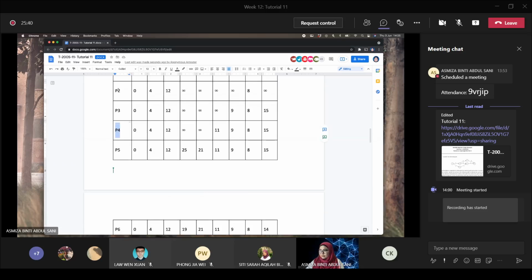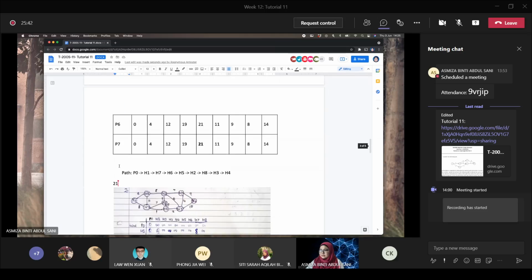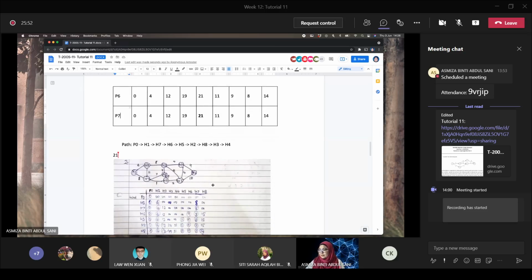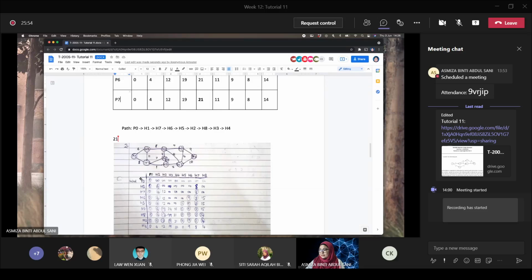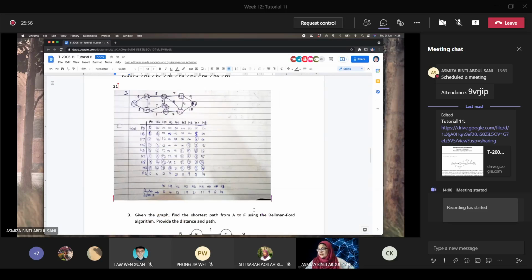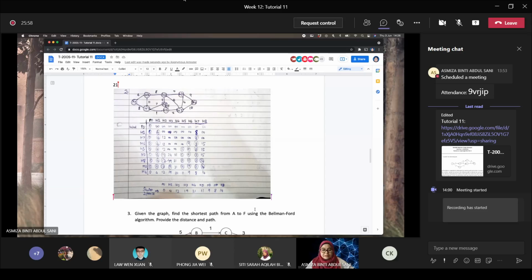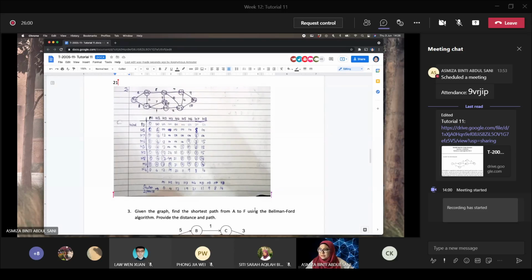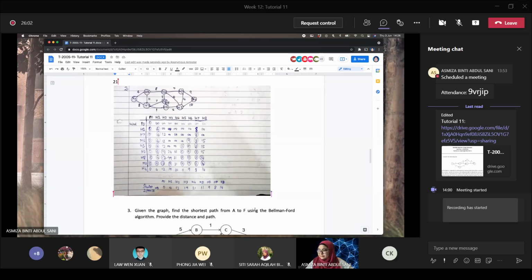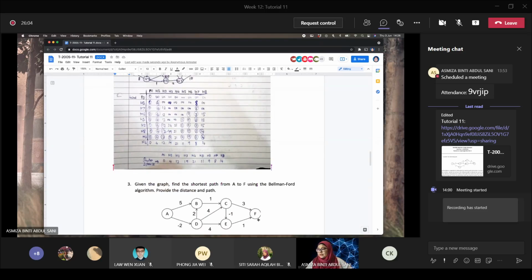It's just that this part is supposed to indicate which vertex you're processing at that time. Are you all good for this one, for Dijkstra? It's pretty clear, right?